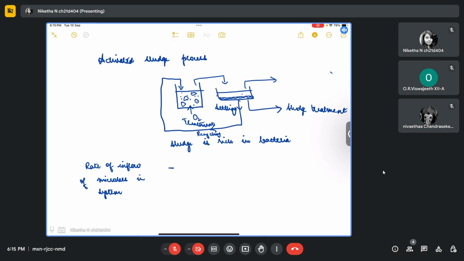So the rate of inflow of microbes in the system, minus the rate of outflow of the microbes in the system, plus the net rate of cell growth in the tank.